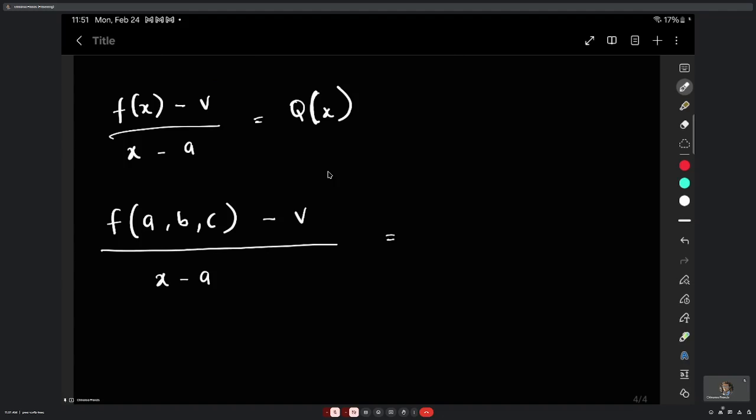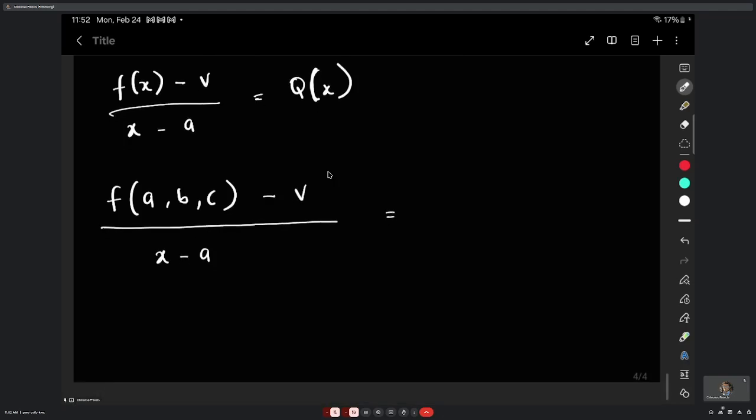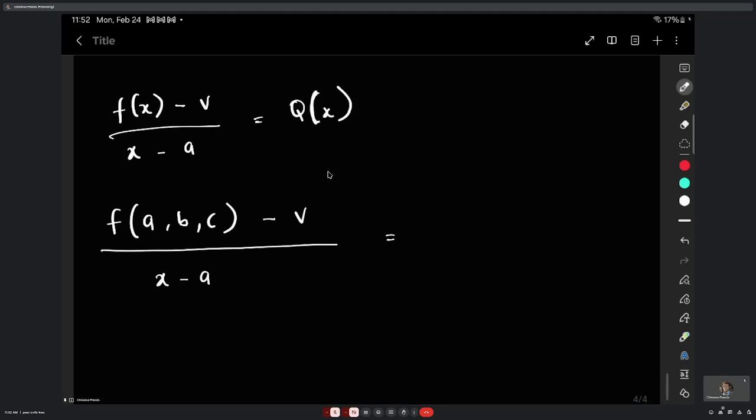Then isn't the denominator supposed to be x minus a, x minus b, x minus c? The q is going to be q of b, c, because a is gone, plus R, right?